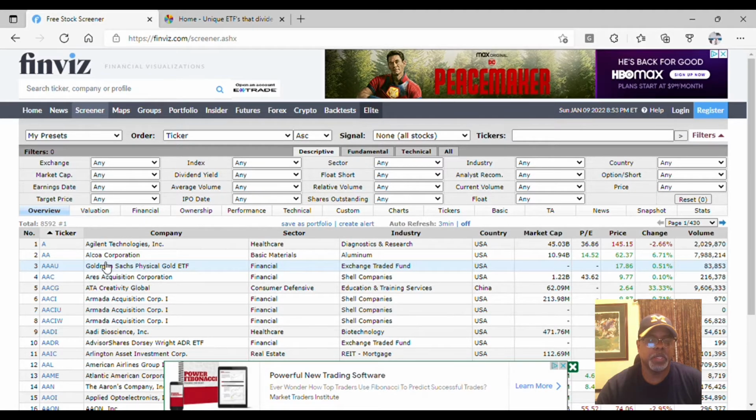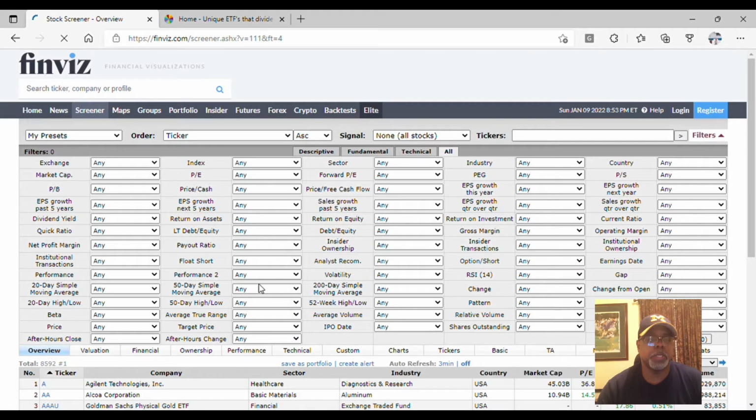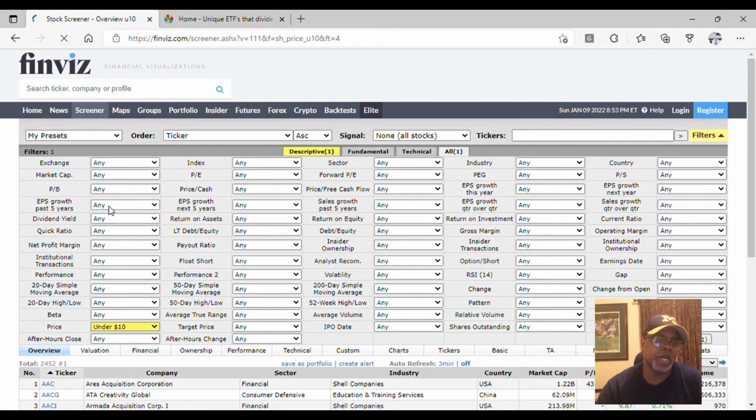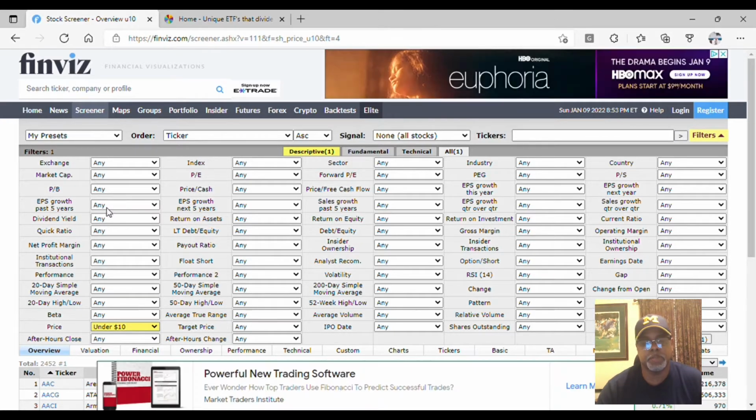Then you come down here in the first column and you select Price. Now let's say you wanted to look at stocks that are under $10. You're just starting out. You want to start small, so you just want to look at stocks that are under $10. See, now it broke it down here to about 2,452 stocks.